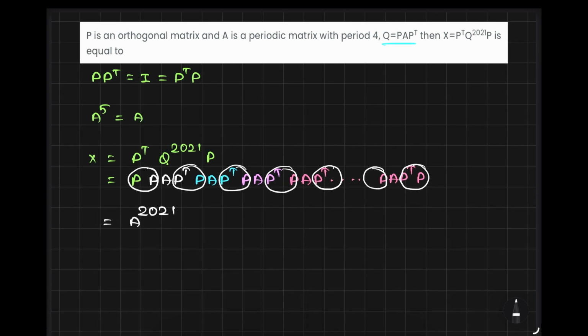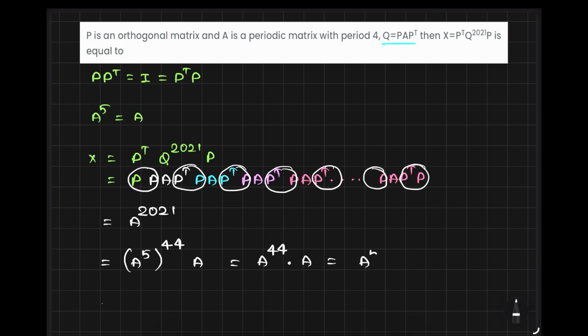So can I write A power 5 to the power 4? Okay, so this thing will become what? A. So it will become A power 4 times 4, A power 44, and then A. So it will become A power 45.